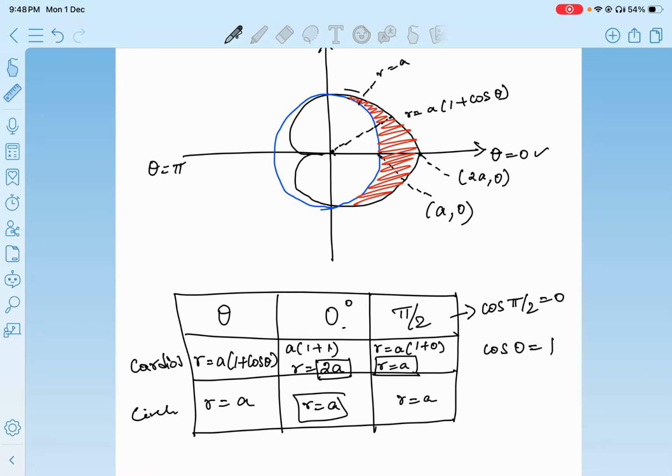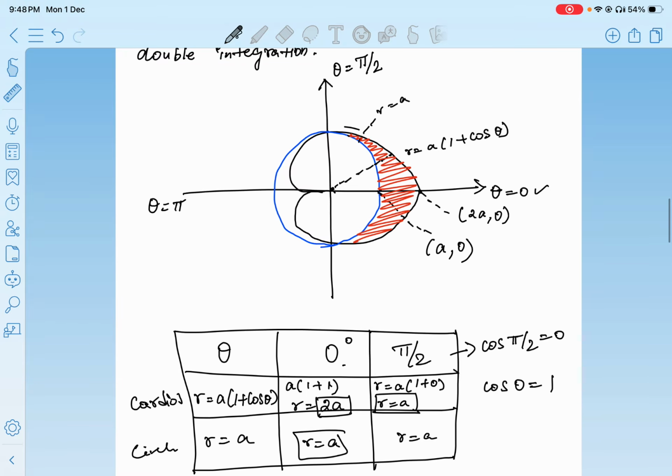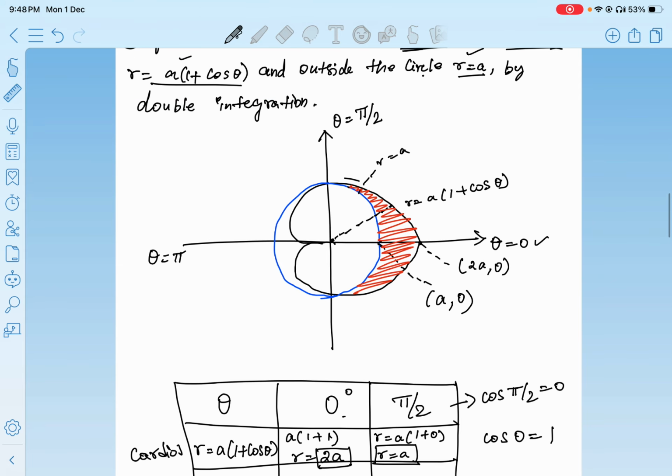We can also mark the connected areas. I'm going to mark it as A, this is your B, and this is your C. I'm marking randomly, you can mark wherever you want.